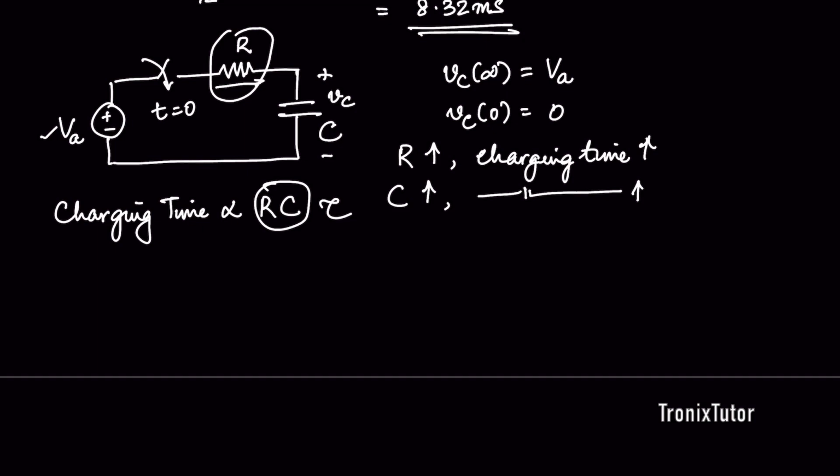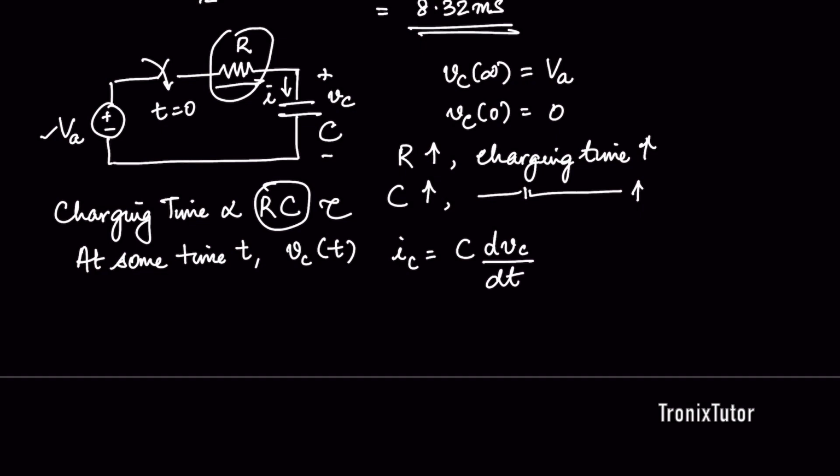So now let's set up the equation that governs the charging up of this capacitor. Let's say at some time t, the voltage across the capacitor is Vc of t. If that is the voltage, then the current in the capacitor is given by C dVc by dt. Now this current, because the resistance and the capacitance are connected in series, is the same current that's flowing through the resistor, and I know that the voltage across the resistor plus the voltage across the capacitor should be equal to the applied voltage by using KVL.